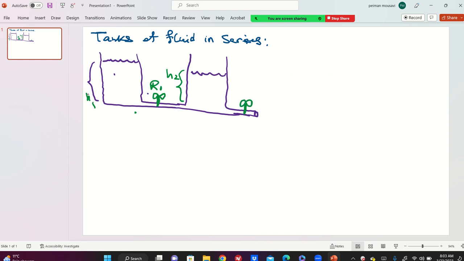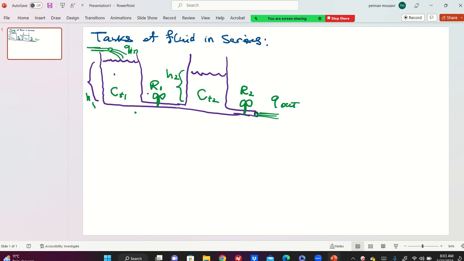This contraction is going to be R2, and you have the tank capacities CT1 and CT2, and then you have the inlet flow rate Q in and the outlet flow rate Q out.